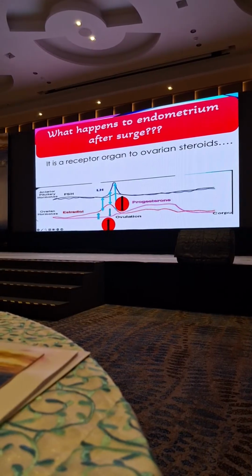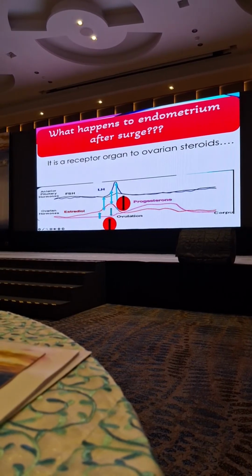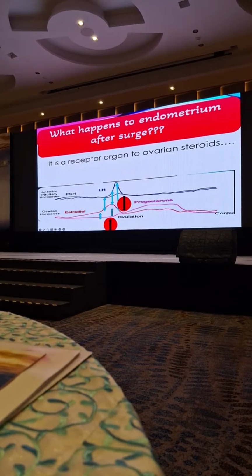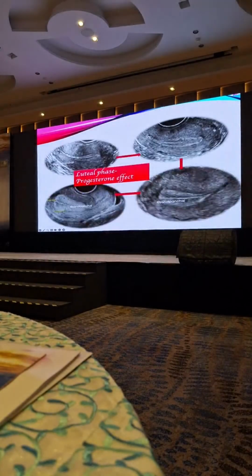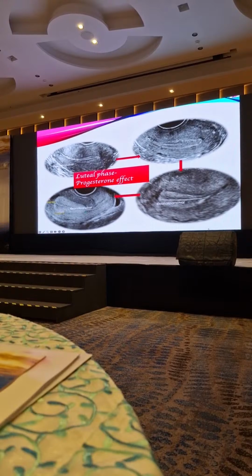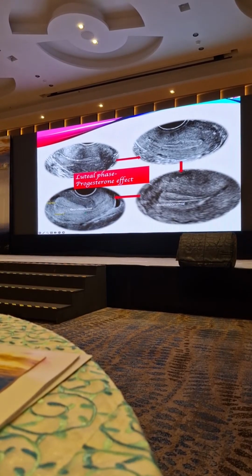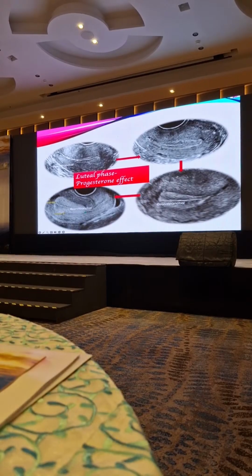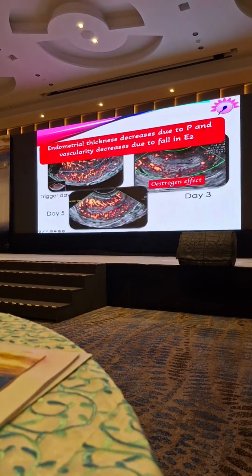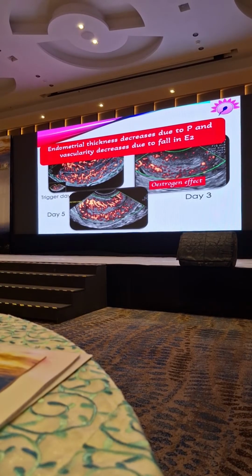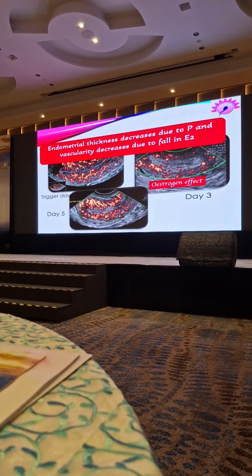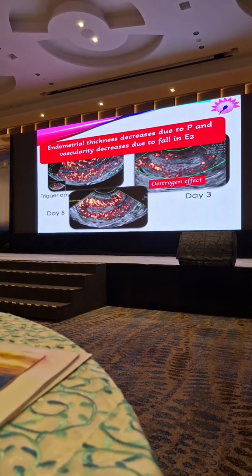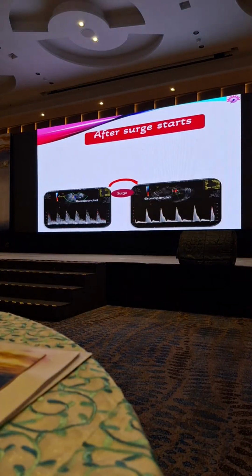On the other hand, the fall in estrogen and the rise in progesterone will result in a decrease in endometrial thickness, fluffiness of the outer margin of the endometrium, decreased endometrial vascularity, and increased uterine artery resistance.